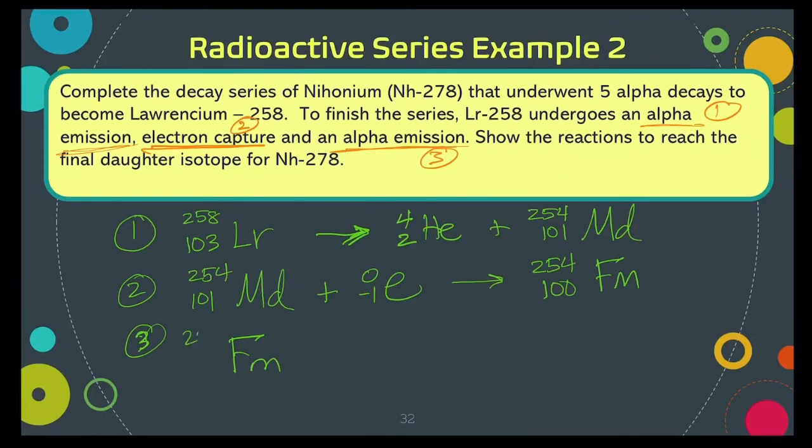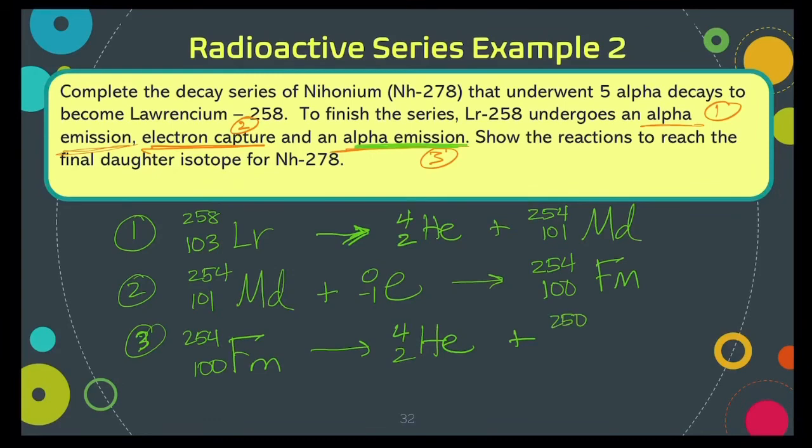The mass number goes at the top. The atomic number goes at the bottom. This is undergoing an alpha emission. So we're going to draw an arrow. And just like the first step, our alpha particle is listed, and then fill in the blanks for the mass number. 250 plus 4 will give us 254.